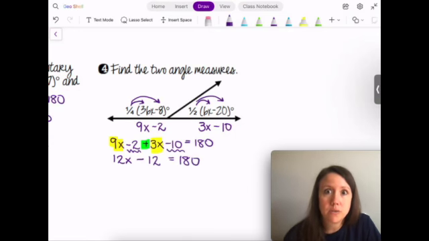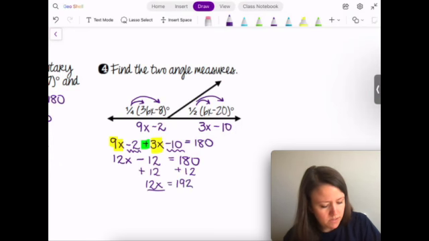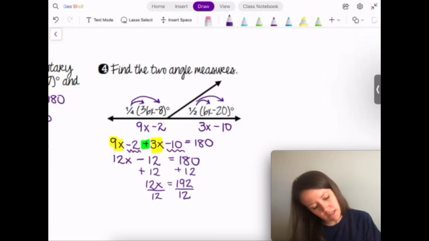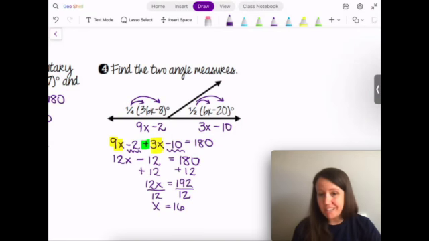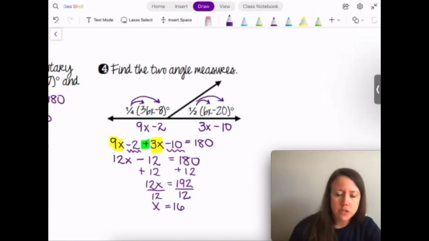Now I have my two-step equation, so add 12. Divide by 12. And I get 16. Again, I haven't answered the questions because I haven't actually found the angle measures.